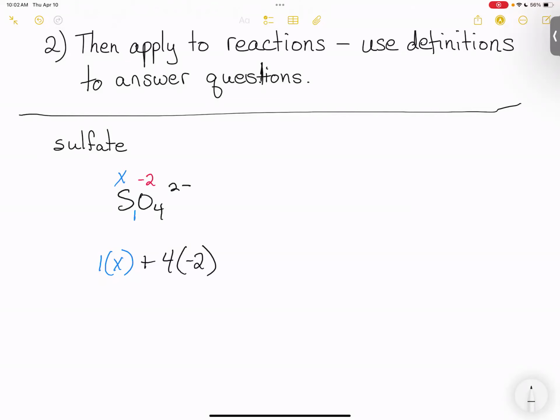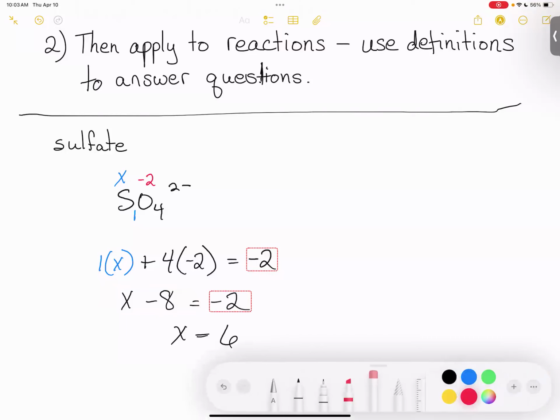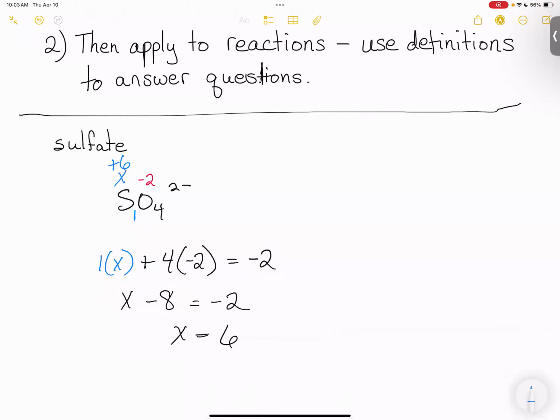You're not going to be worrying about that. Now if you've got a polyatomic ion, that's fine. You're just going to set that equation equal to the charge on the ion. So X minus 8 is equal to -2. So X equals 6. So the oxidation state on our sulfur is a +6.